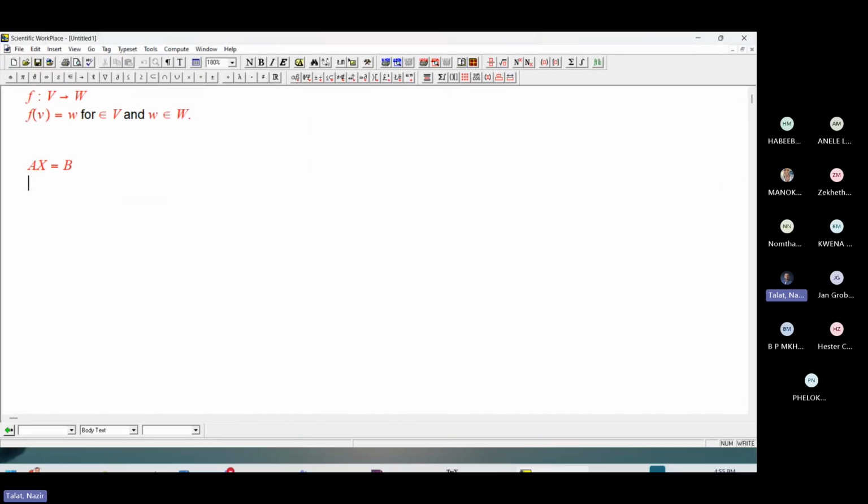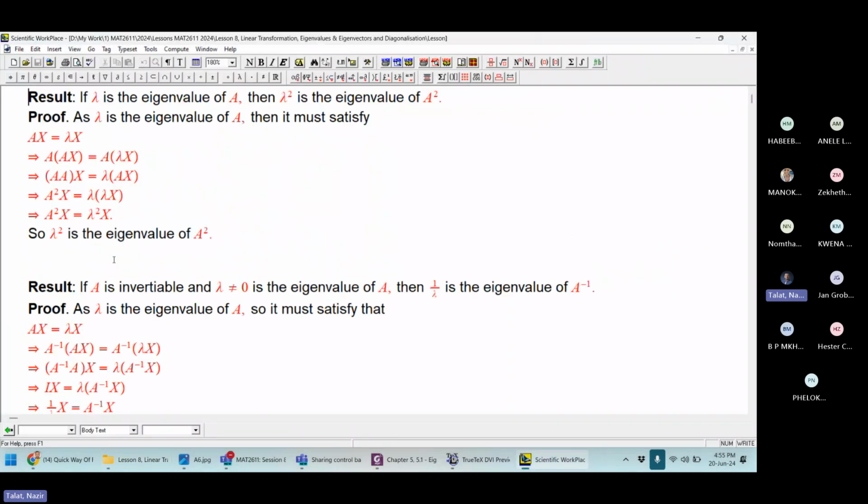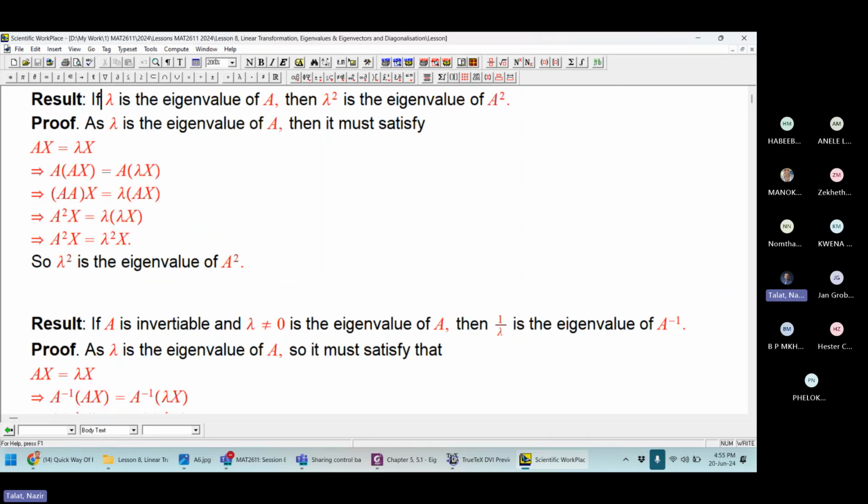And here I also mention some results for you, which may be helpful, and their proofs. For instance, if we see this result: if lambda is an eigenvalue of A, then lambda square is an eigenvalue of A square. Here you can see its simple proof. Since lambda is an eigenvalue of A, Ax equal to lambda x; it always satisfies this relation.